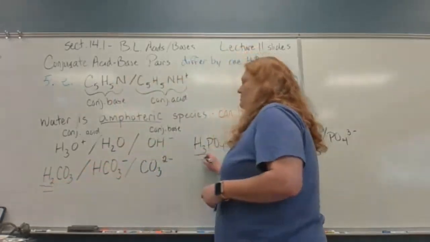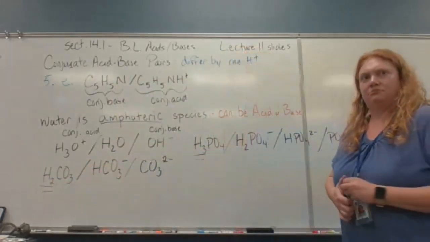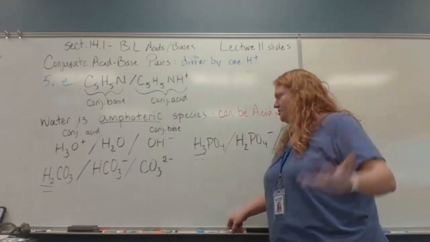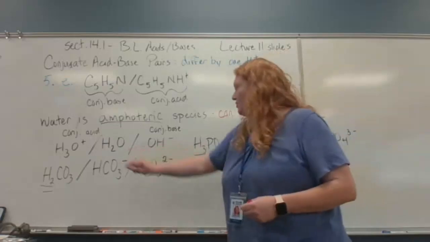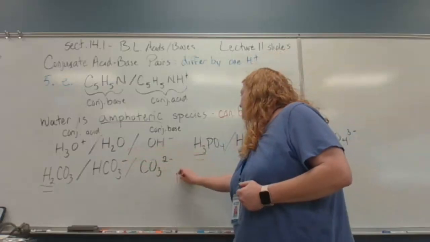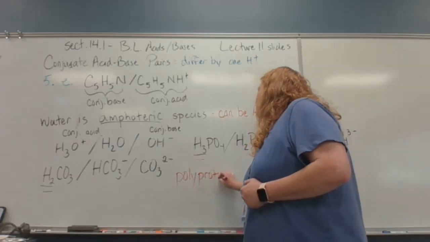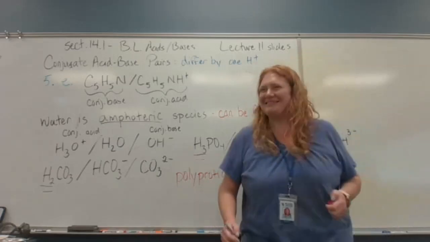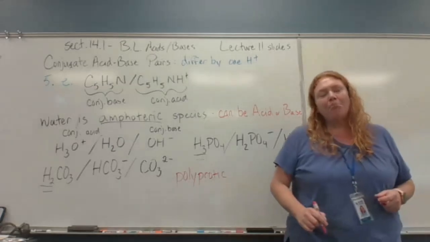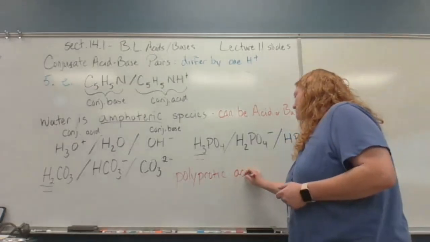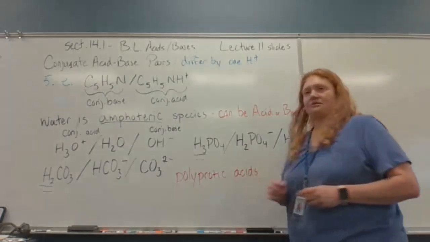These two acids, there are others that do this, but these two acids are what are known as, so this is the word I wasn't going to use, but I guess I'm going to use it now, okay? Polyprotic acids.